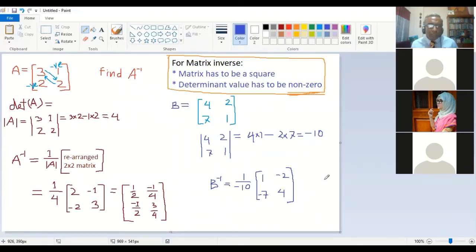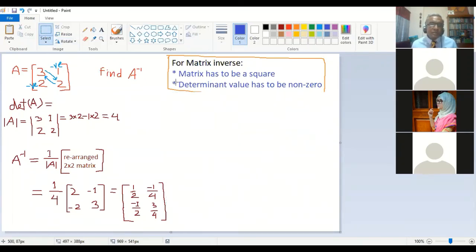Now I have to tell you something important about the nature of the inverse matrix. When you find the inverse of a matrix, and you multiply the same matrix by its inverse, that means the original matrix is A and you are multiplying it by A inverse.